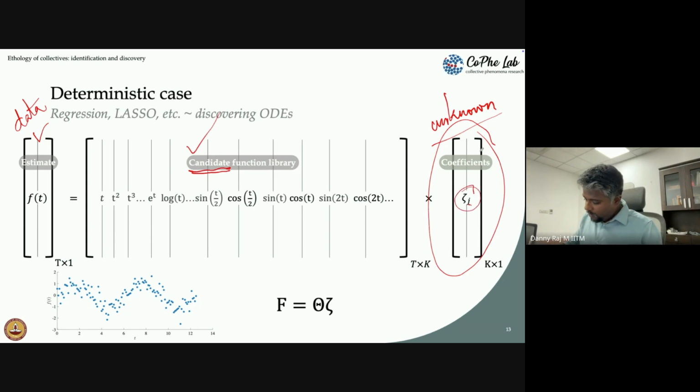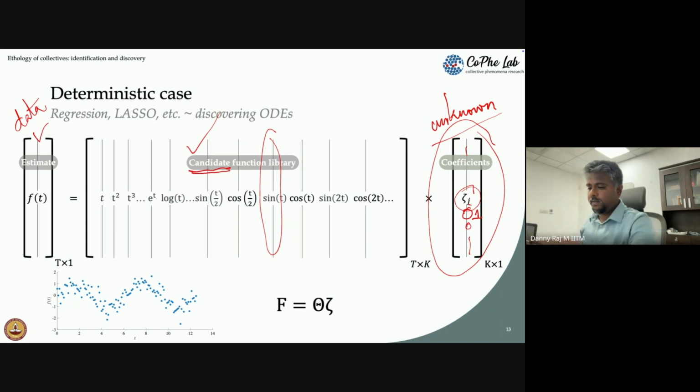This has to be 0, 0, 0, 0, 0, except for the entry corresponding to the sine t column, which has to be 1, and then 0 everywhere else. That's the solution you're looking for. Does that build a picture? So your equation identification problem becomes a simple linear regression problem.